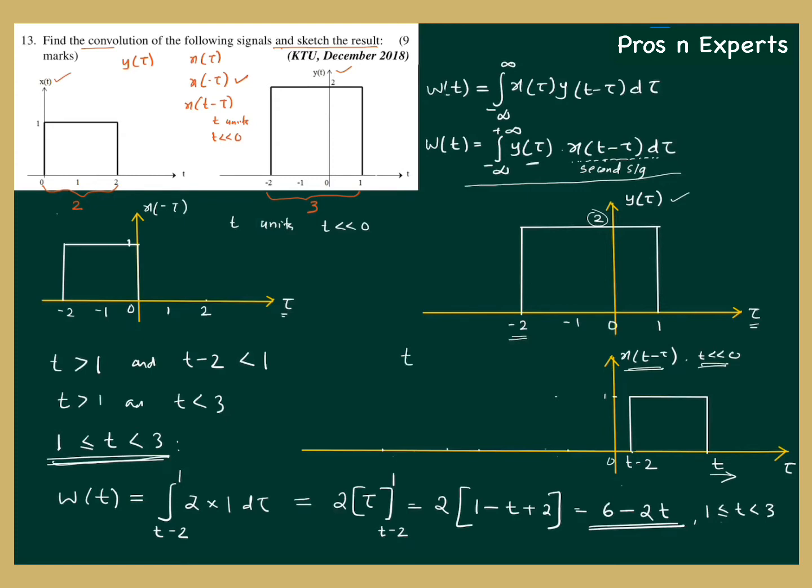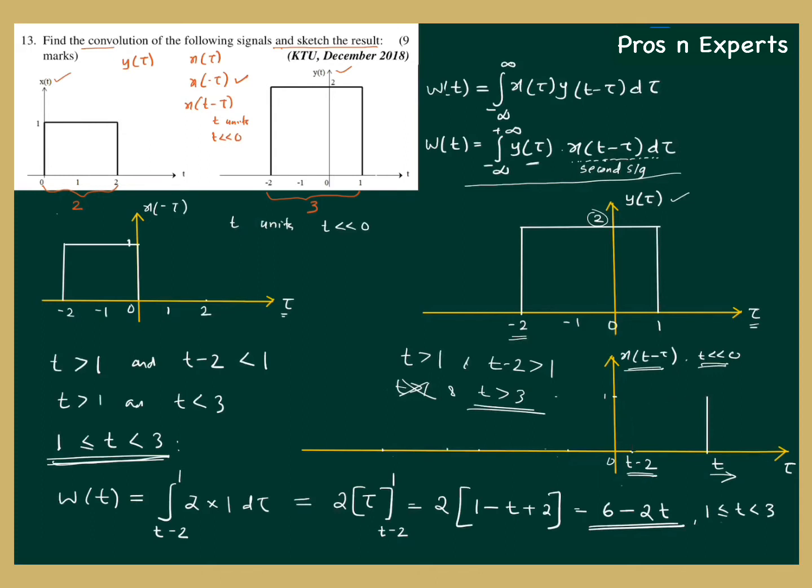Now the trailing edge is also out, so t minus 2 is also greater than 1. So t greater than 1 and t greater than 3. Obviously the first is not needed, so t greater than 3. So the next output condition is at t greater than 3.